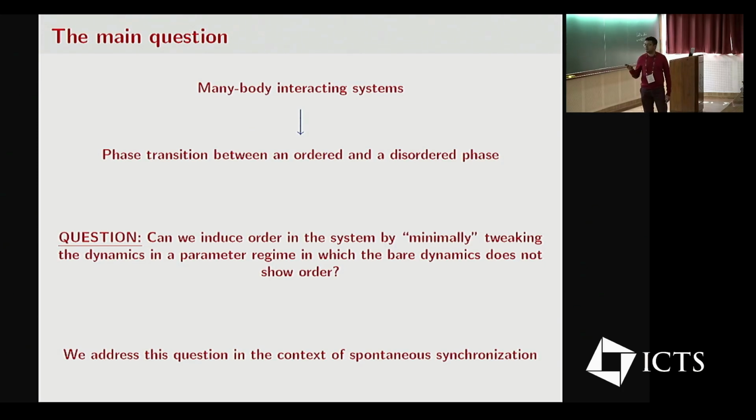Of course, this is a very daunting question, so we'll try to answer it in a particular context. But I hope the question is clear: you have a system that shows an order-disorder transition, and I am in a parameter regime in which the system doesn't like to order, and how can I induce order in the system by tweaking the dynamics?